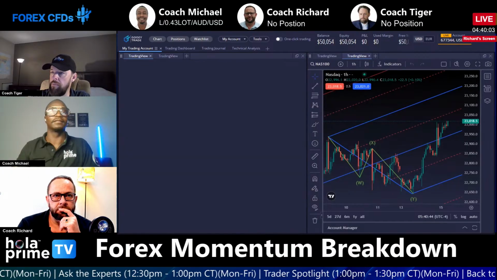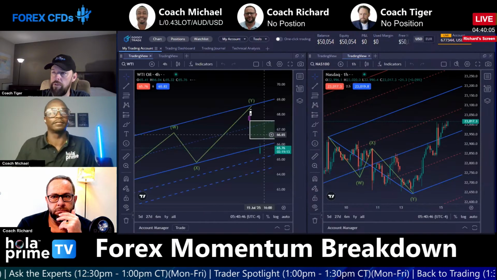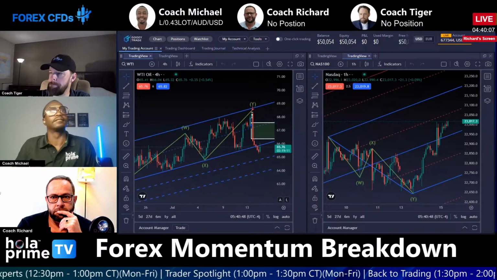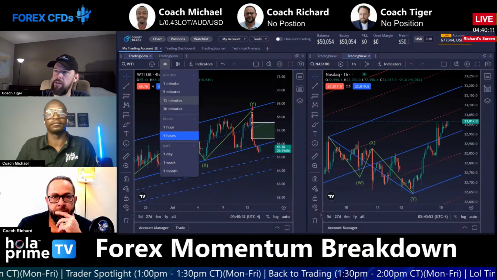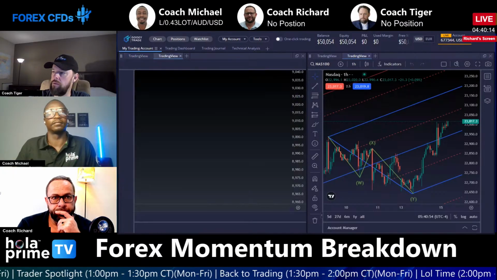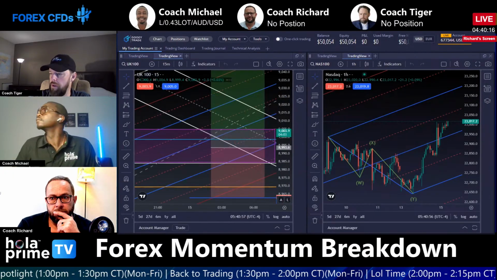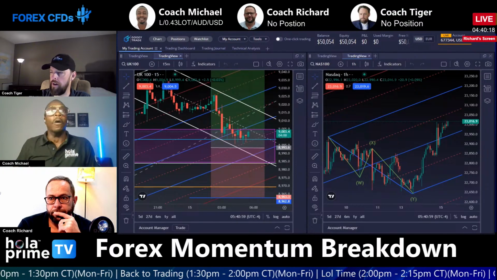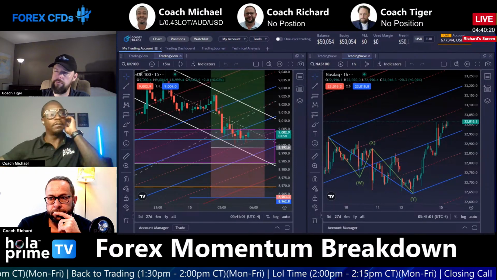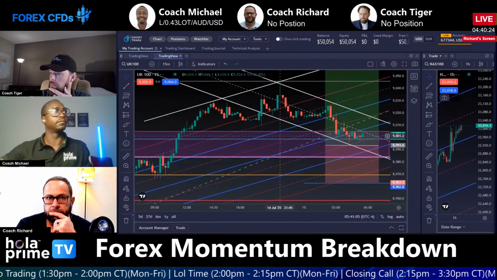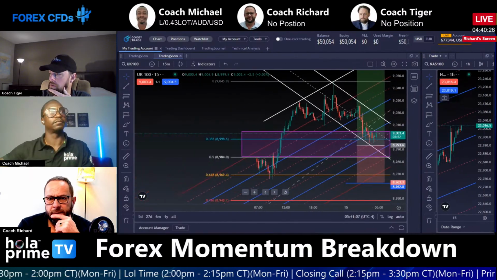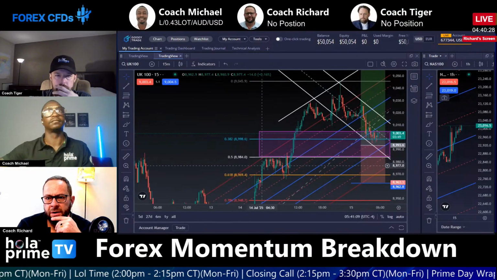Yeah, so that 15-minute demand zone, it's the same on the FTSE. Just the 4-hour candle isn't the same. Okay. Yeah, so it would be July 14th at 9 a.m. candle on the 15-minute time frame. That's the one I'm looking at. There we go, lower down over here.